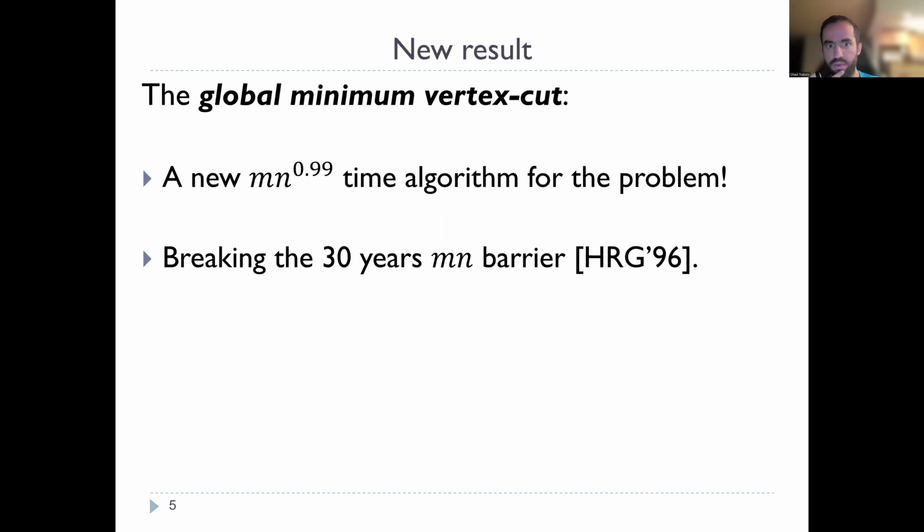Now, the main result in this paper is a new algorithm that breaks this 30-year-old barrier. This new algorithm runs in time mn^0.99. This improvement might not seem like a lot, but conceptually it is a very interesting progress.